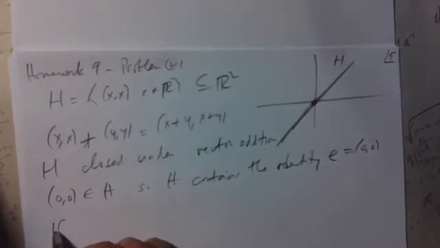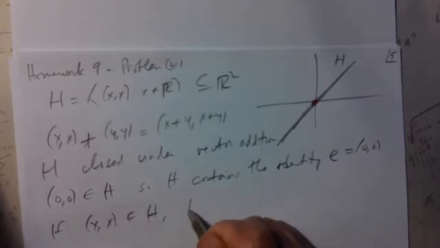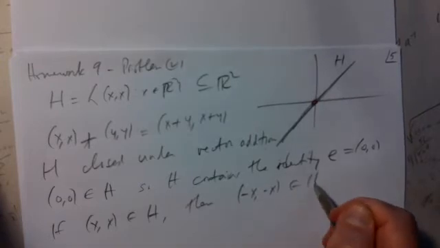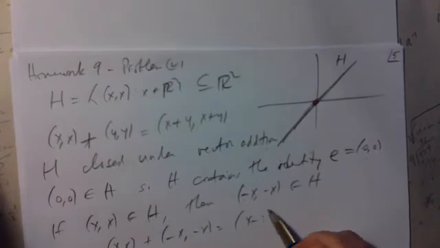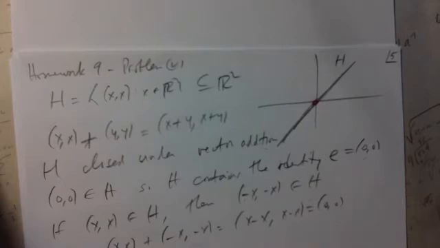And if (x, x) is in this set, then (minus x, minus x) is also in the set, because again, they have the same x and y coordinates, and (x, x) plus (minus x, minus x) is (x minus x, x minus x), which is (0, 0).